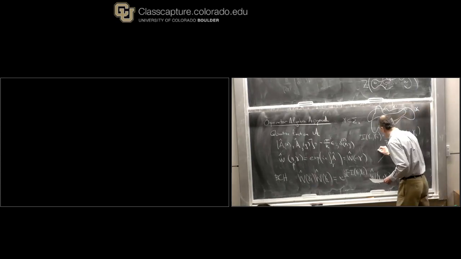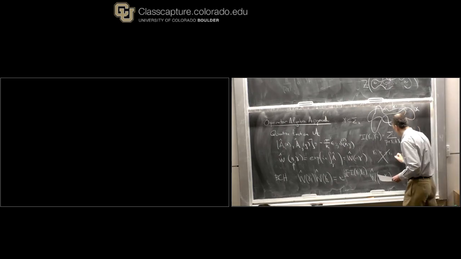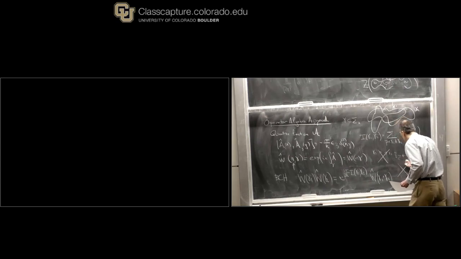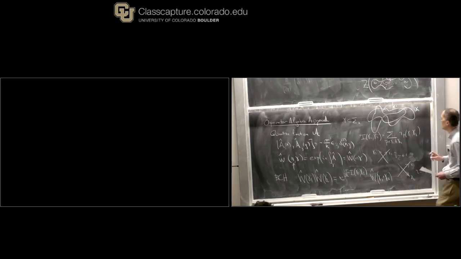Let me remind you that we use the blackboard orientation. And so now if we have a crossing that looks like this, then iota equals +1. And if we have a crossing with the orientations like this, then iota equals -1.